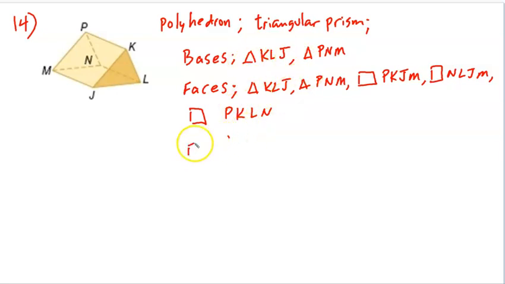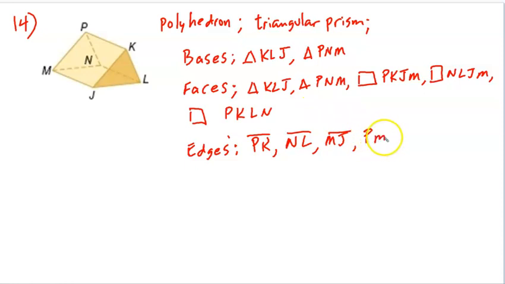And then edges. We have PK. We have NL, MJ. PK, NL, MJ. And then we can go this way, PM, KJ.